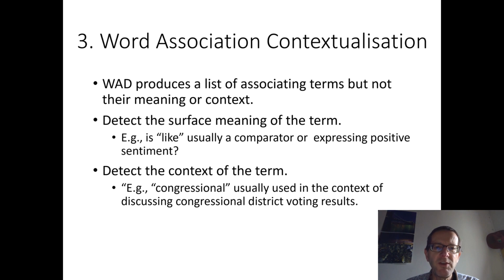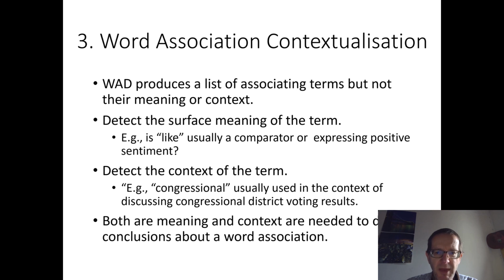So congressional could be used for many different congressional contexts, but in the set of texts analysed here, it's US elections and voting results, congressional district voting results. So that gives a much, much narrower context than the normal meaning of the word. So it's important to detect this narrower context through stage 3, the word association contextualisation. So you need both the meaning and the context to draw conclusions about a word association, as we'll see in a bit.